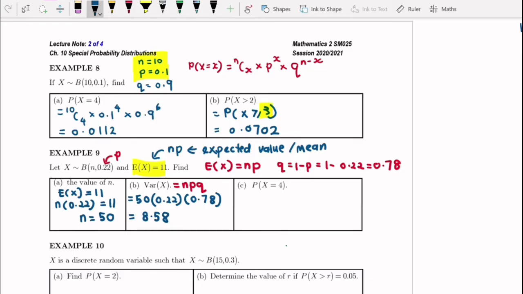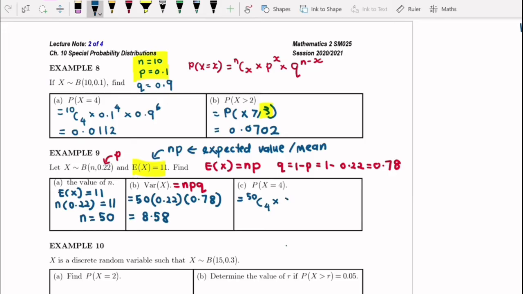Question C. Find the probability of x equals to 4. So, we can use the formula. Probability x equals to 4 is equals to nCx. So, 50C4 times p to the power of x.